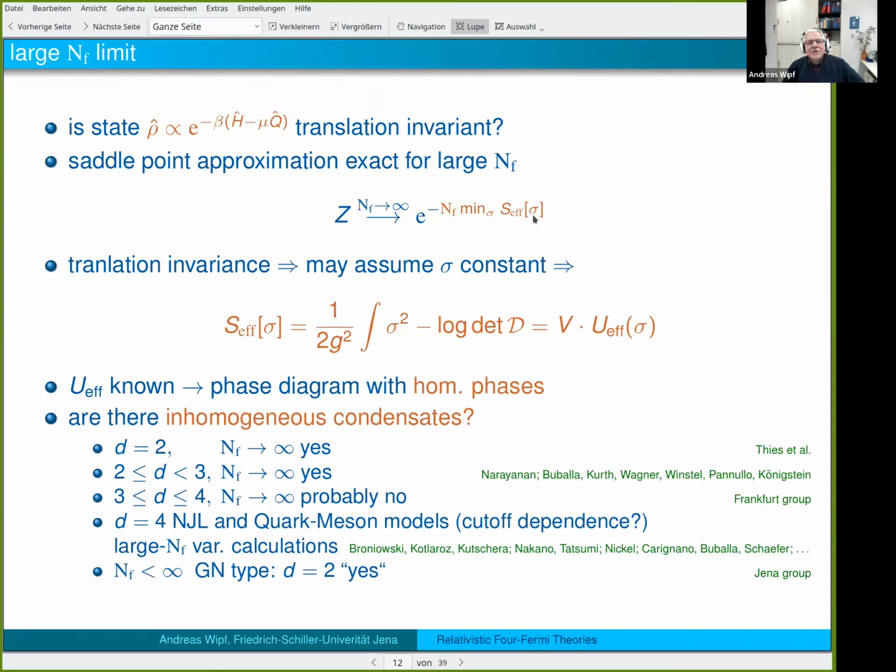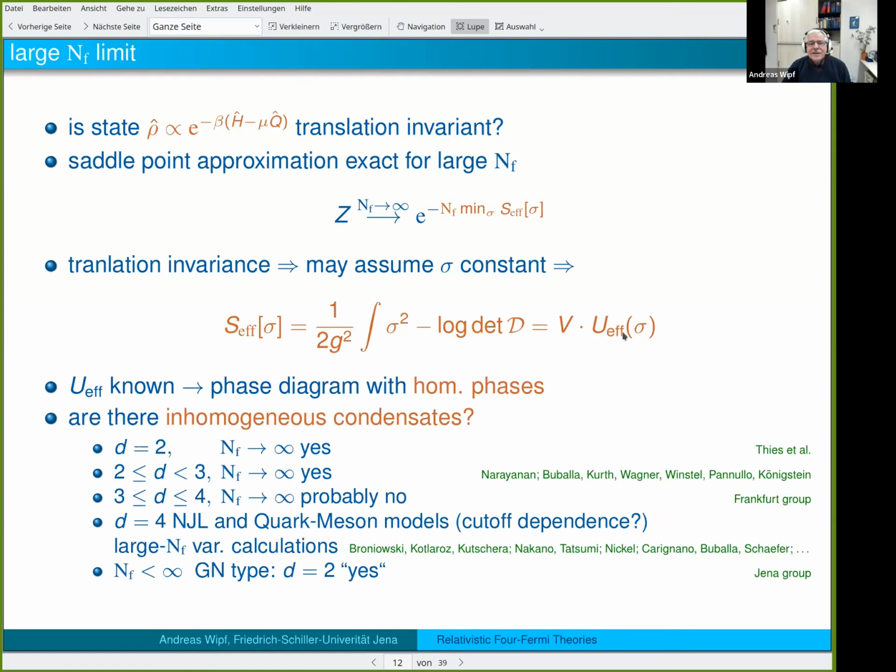So under the assumption that the system is homogeneous, you may assume from the very beginning, by the minimizing principle, that the sigma is homogeneous. But then, of course, the log determinant, the Dirac operator, contains the sigma field. If the sigma field is constant, you can calculate this effective action. It's proportional to the volume of space-time times the effective potential. I rather should say it's more the free energy.